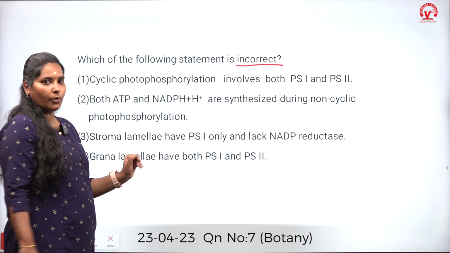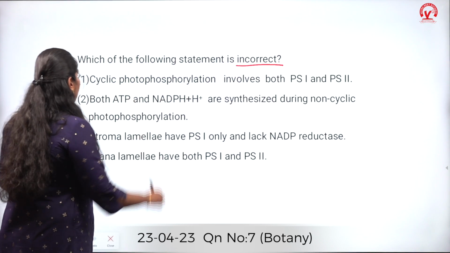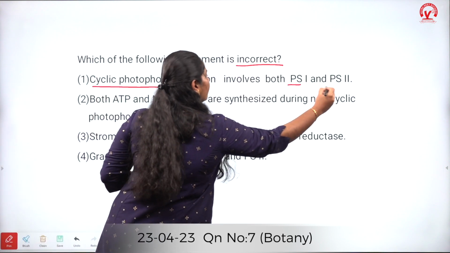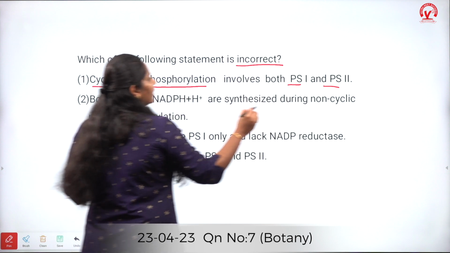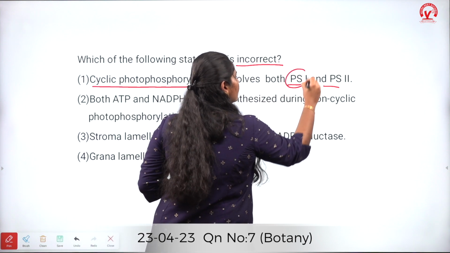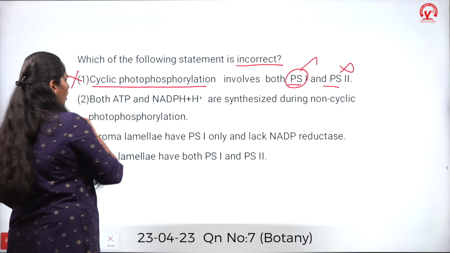We need to find the incorrect statement. The first option says cyclic photophosphorylation involves both PS1 and PS2. Cyclic photophosphorylation usually involves only PS1 and not PS2, so the first option is wrong.